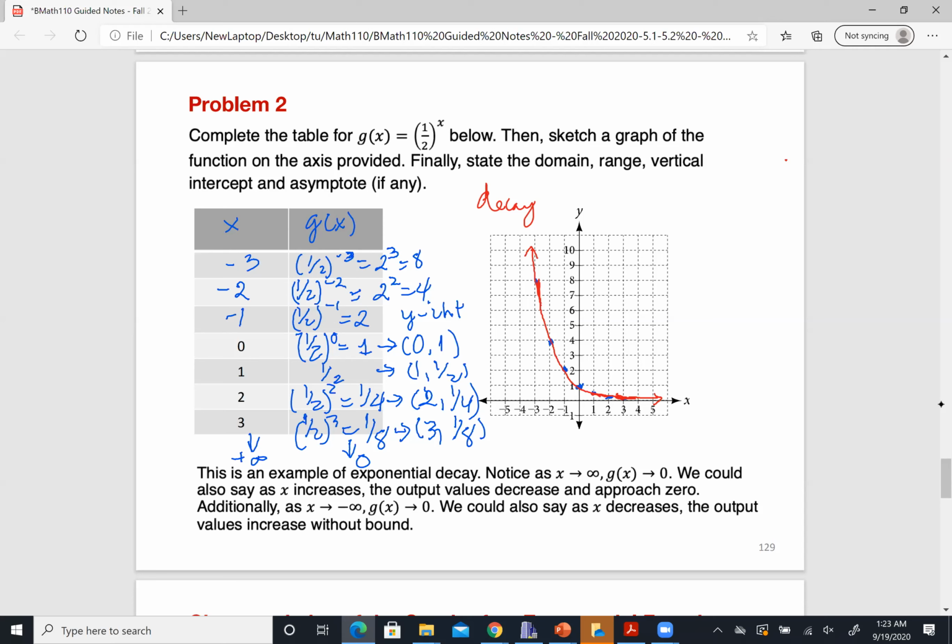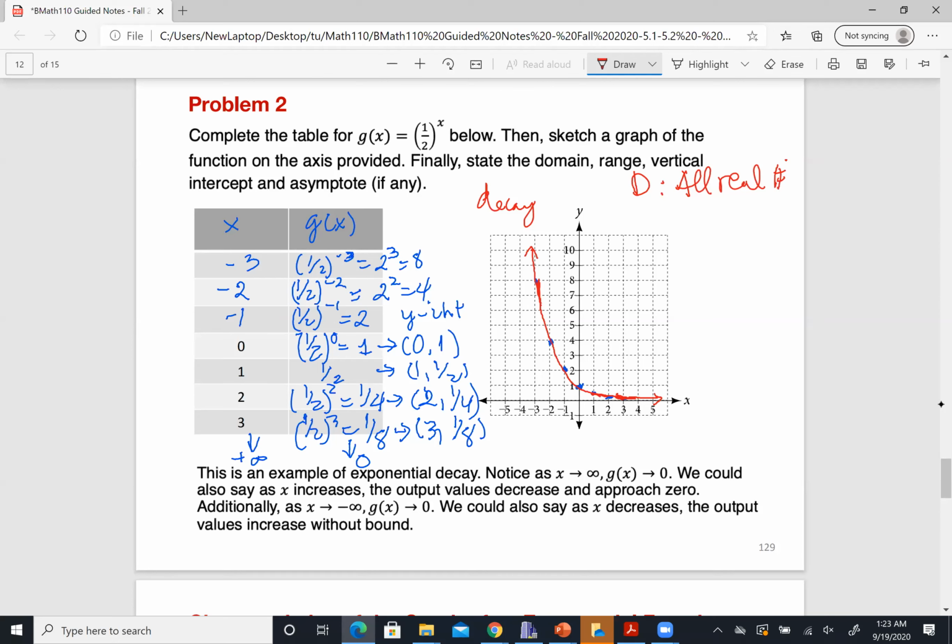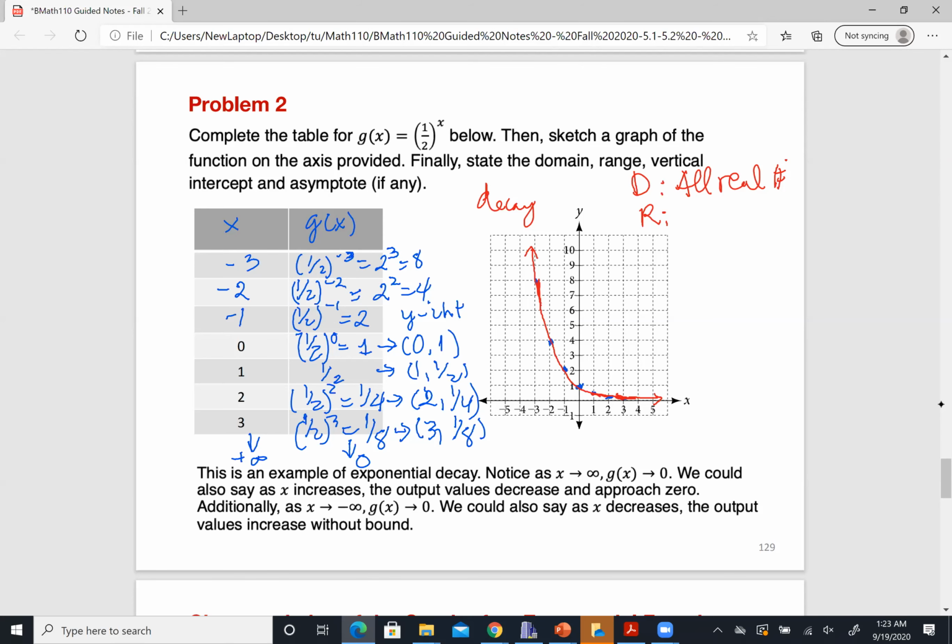State the domain. The domain is all real numbers because it is an exponential function. And the range: from left to right you see that it comes from positive infinity down to 0.